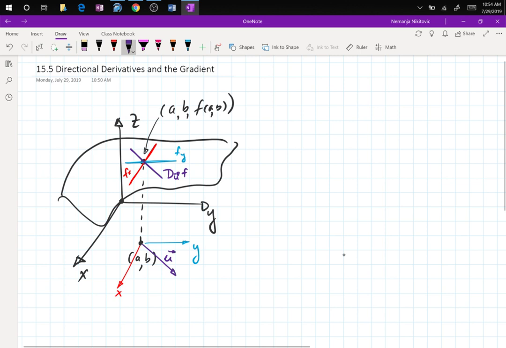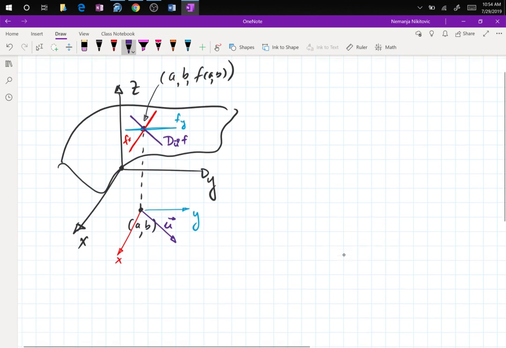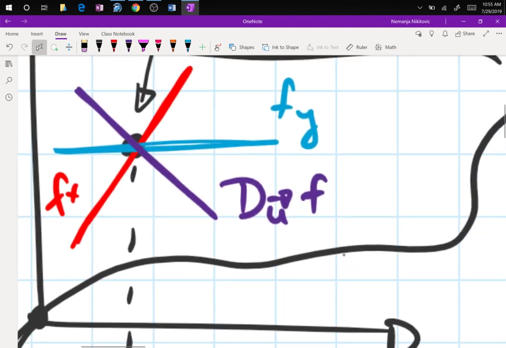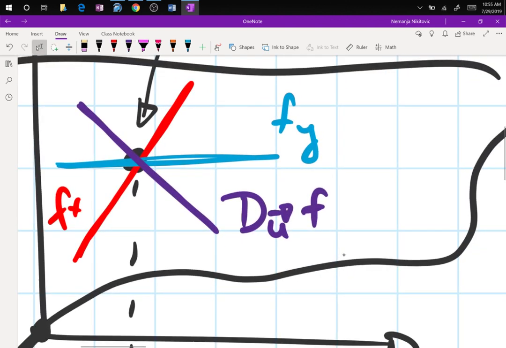It's written D with u as the subscript, and we can use the hat because it's the directional derivative.